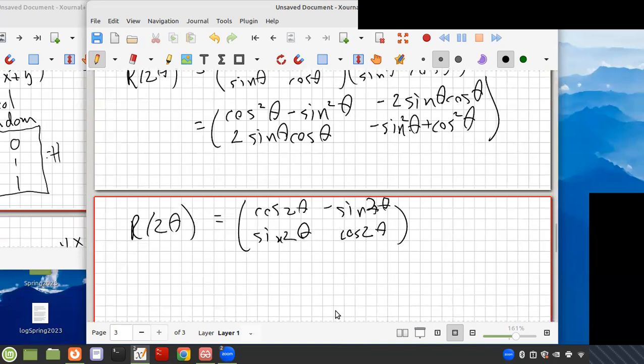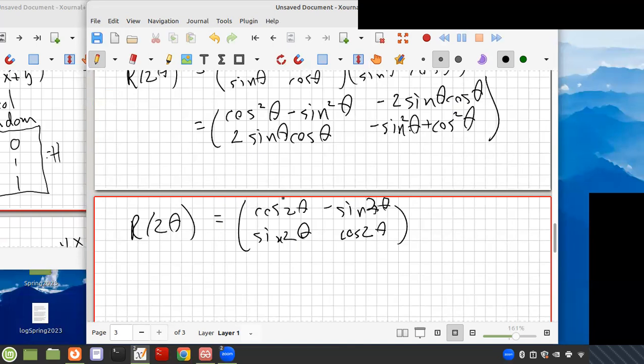Now, these should produce the same result, and they're going to be true if cosine of 2 theta equals cosine squared theta minus sine squared theta, which is one of those trigonometric identities, and sine 2 theta is equal to 2 sine theta cosine theta. So in fact, you could derive these trigonometric identities by this means, okay?